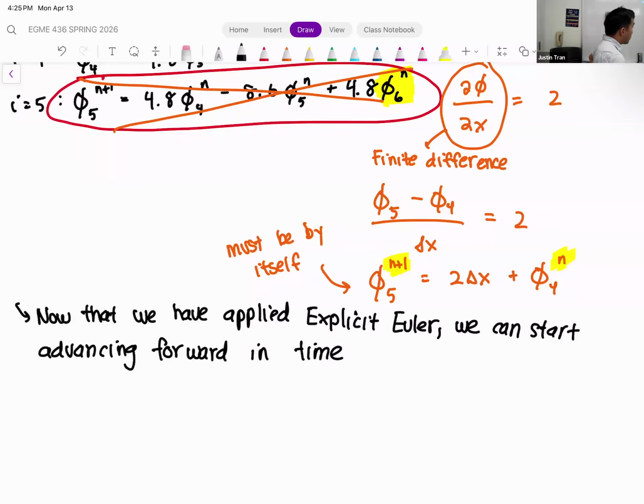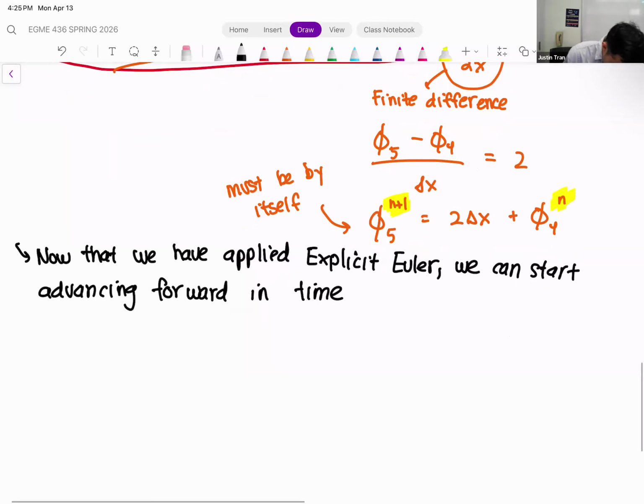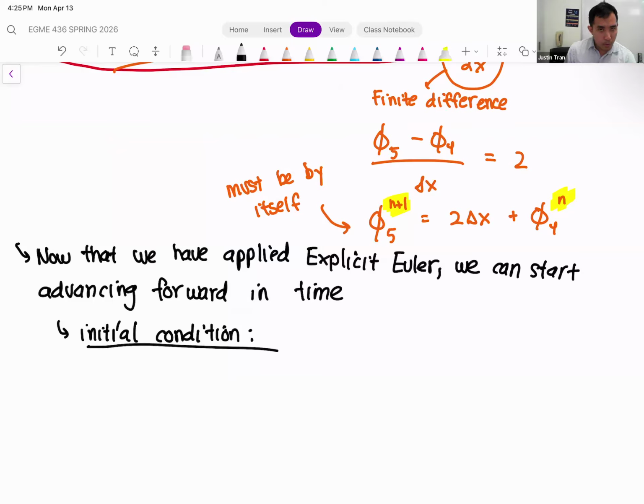Now to start, we have to make note of our initial conditions. For this problem, and honestly most problems that we're going to do, at t equal to 0, which also means n equal to 0 because that's the first time step, all values of phi are going to be 0.